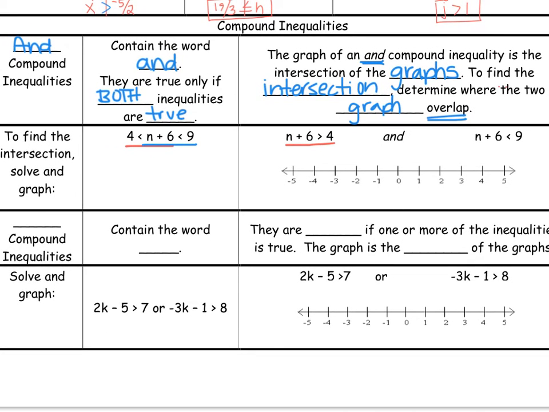And there's two ways you can solve these. You can solve these separated, and this would be n is greater than -2 by subtracting 6. Subtract the 6 from this side, and we get n is less than 3. And in both those, we subtracted 6.